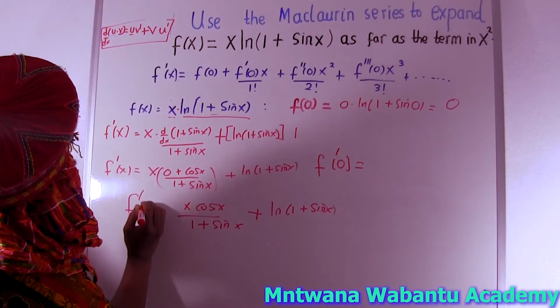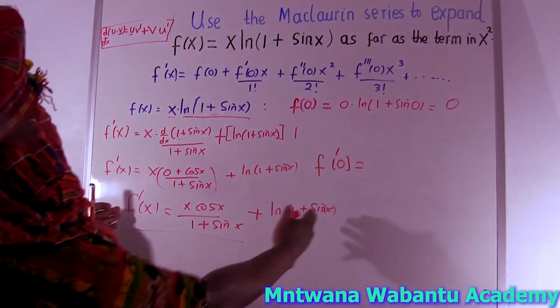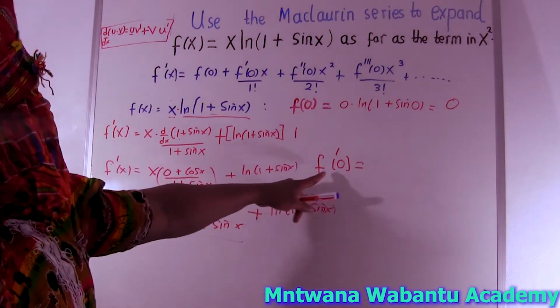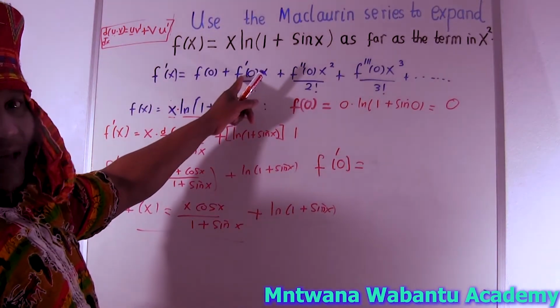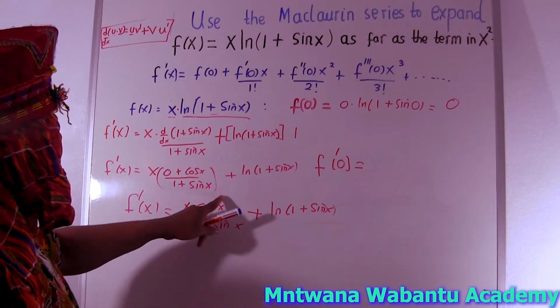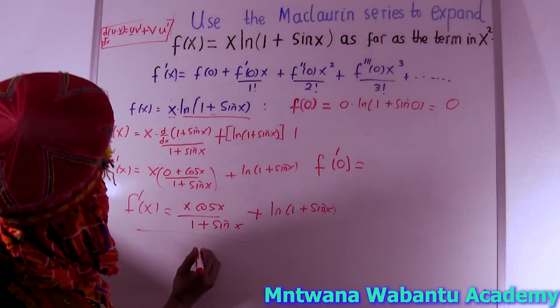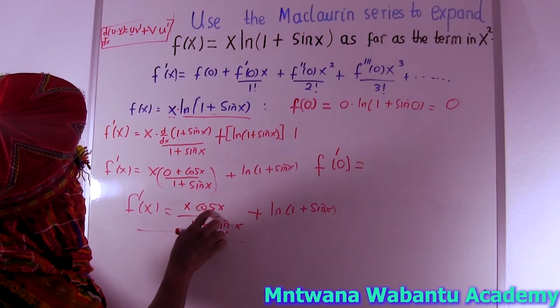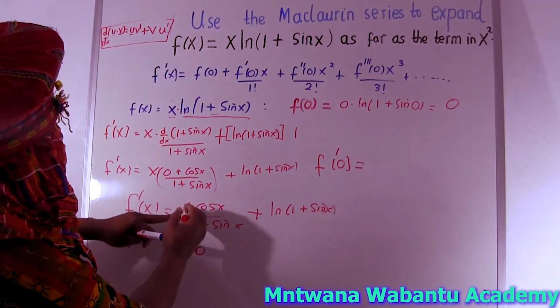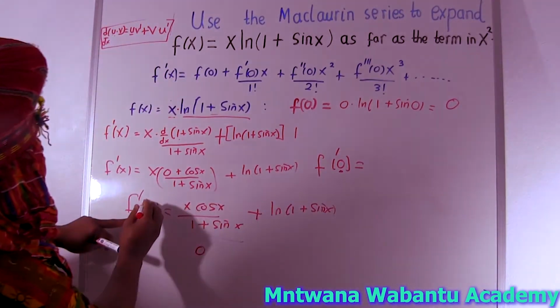So we want to get f prime of 0. If I put 0 here, it's going to be 0 times anything is 0. So this is going to be 0 because 0 times cos of x, because x equals 0.